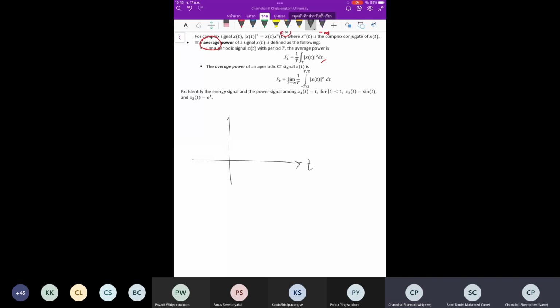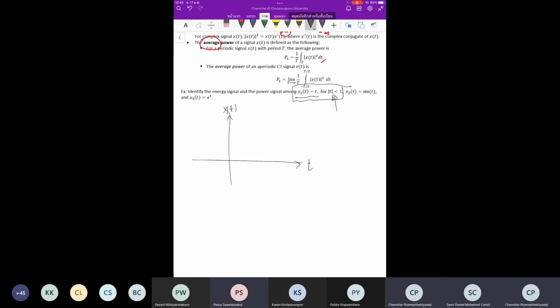x1(t) is equal to t for absolute t less than 1. What does it mean by absolute t less than 1?